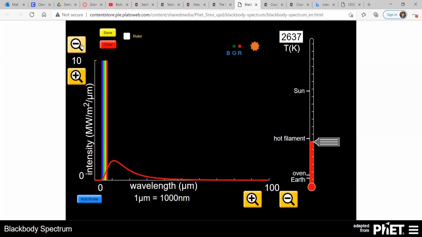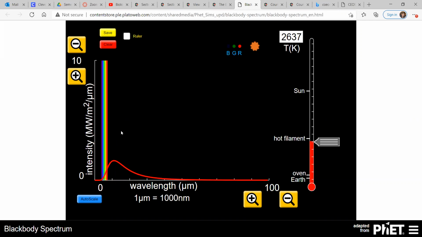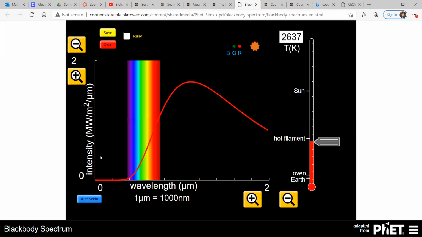And if we wanted to, there we go. So if you ever need help with that, just auto scale it and it will show you the best view of the curve.